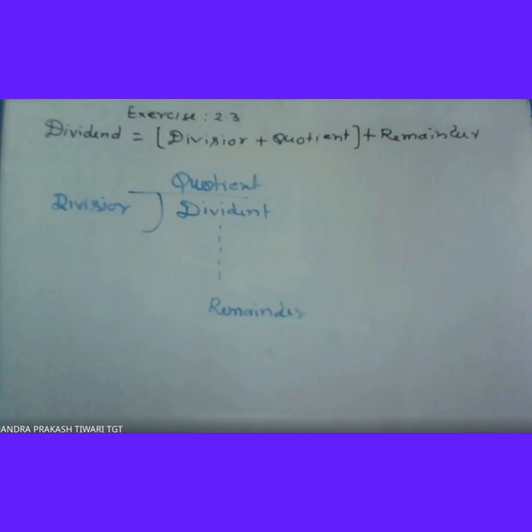Part number one is given that p(x) equals x cube minus 3x square plus 5x minus 3, and g(x) equals x square minus 2. So here are two polynomials, one is p(x) and the second one is g(x), and you will divide these polynomials and then find your quotient and remainder. So what is the process? How can you find it?